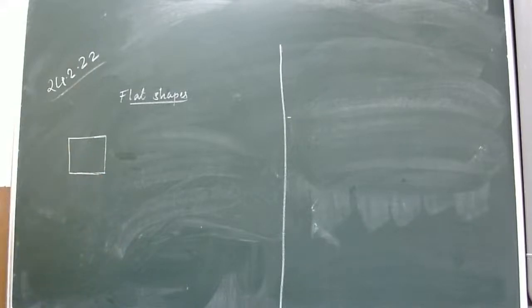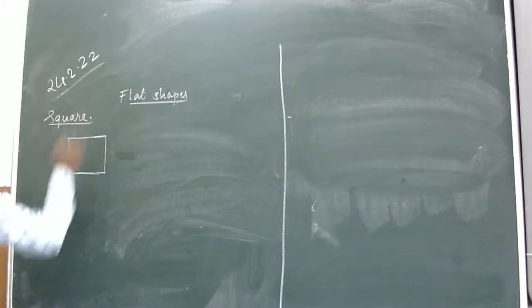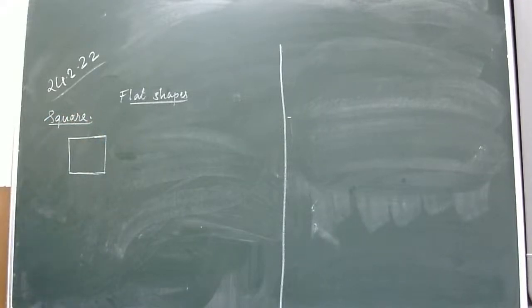What is the name of this flat shape? It is a square. Okay. So it is a square. It is in the textbook, so that's fine. We will just discuss it as revision.